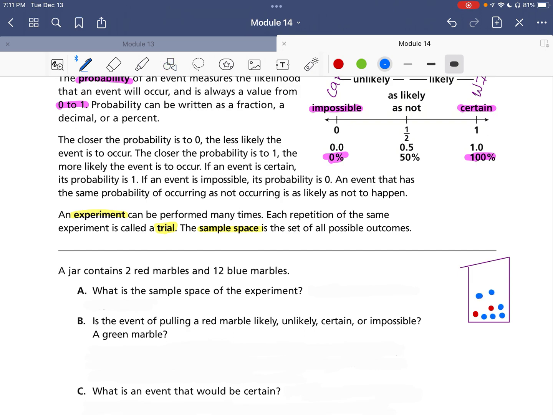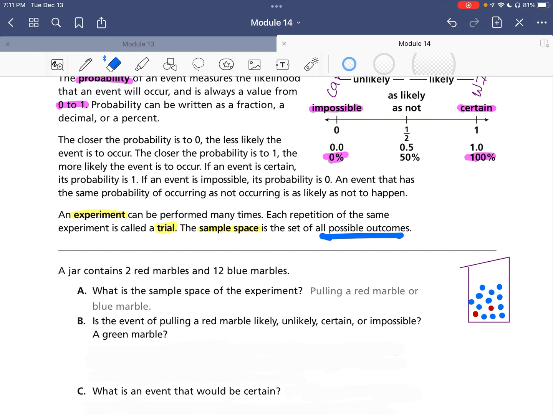Okay, what is the sample space of the experiment? The sample space would be pulling a red marble or a blue marble. Again, that is our possible outcomes here.